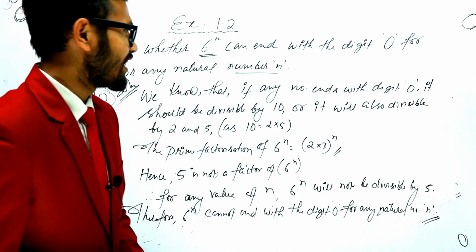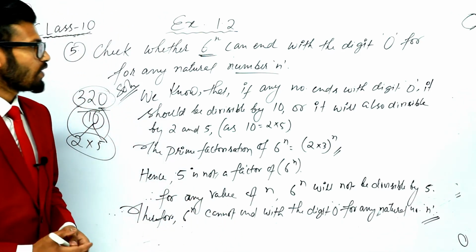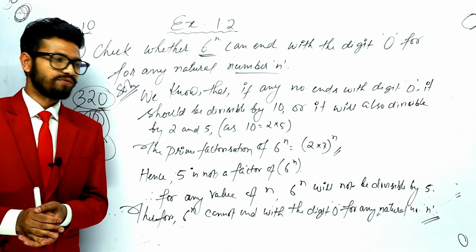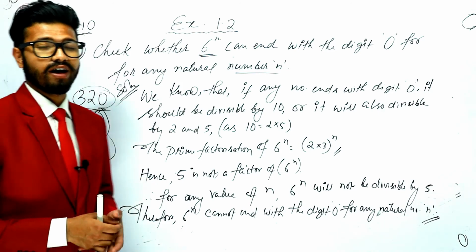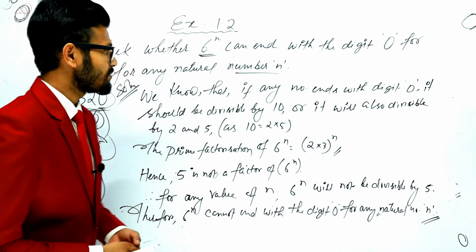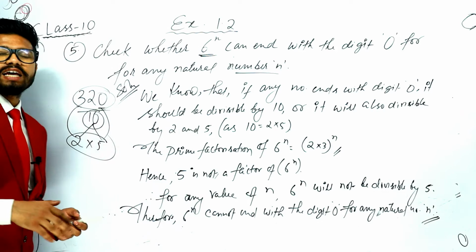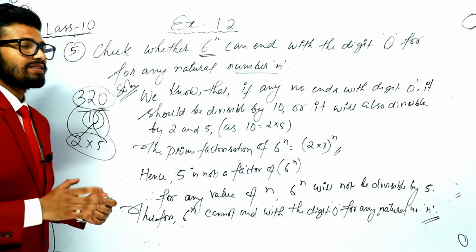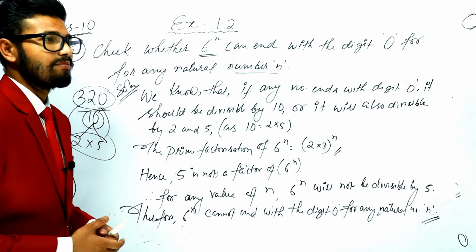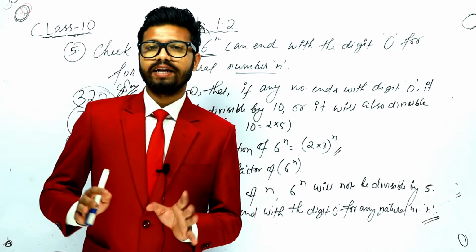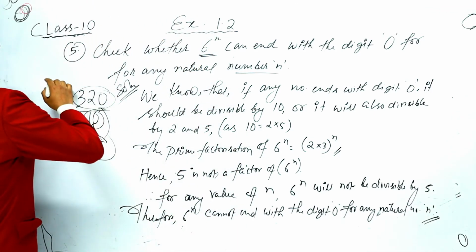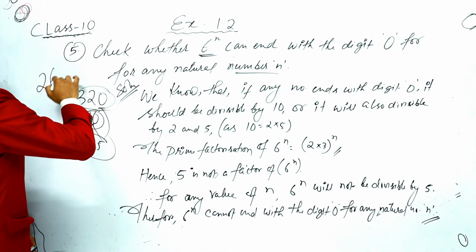It's very simple. Let me revise it. What we have done here is written a few statements. If any number ends with digit 0, that means one factor should be 10. For example, suppose 260.